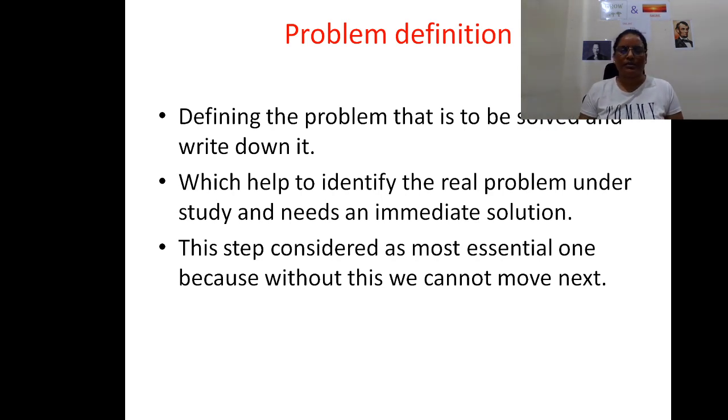When we write the problem, it is very helpful for us to sort it out. This step is considered the most essential one, because without this we cannot move to the next step. That's why this is the initial step in the problem solving method.